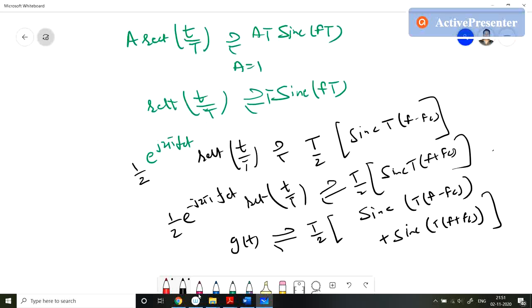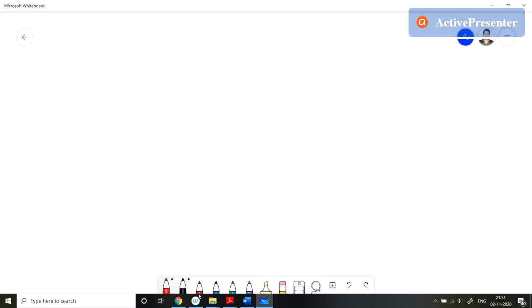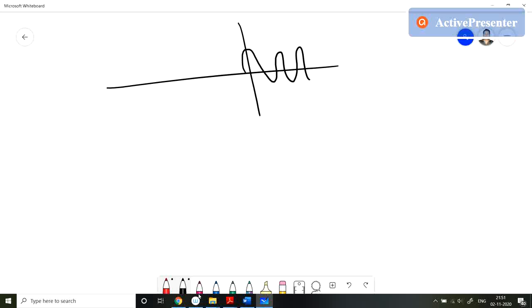So in this way, let me explain with the spectrum. This is the spectrum of the pulse. This is the width of the pulse, and this is plus 1, this is minus 1.